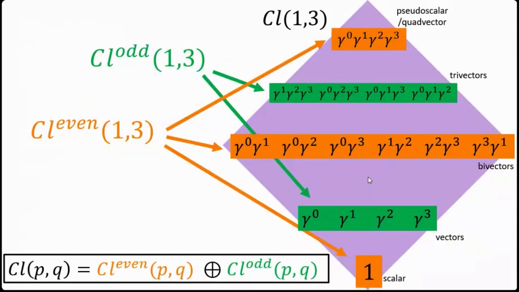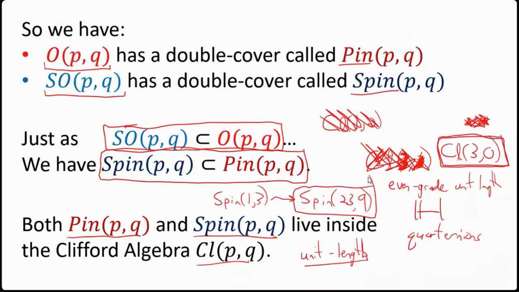Yeah, I just wanted to make a small fix here on the previous. Instead of just quaternions, you will have unit length quaternions only, right? Or the even grade unit length. Yeah, sorry. And quaternions will be actually all even grade elements, and therefore they are spinors, right?